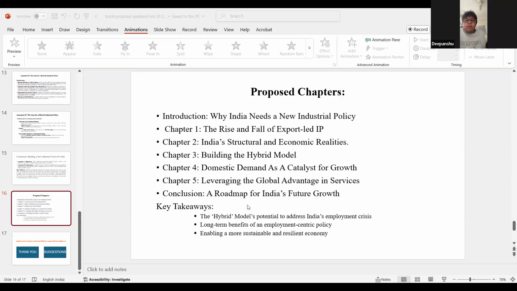When you provide a macroeconomic background or context, then where do we have a specific discussion on knowing our comparative advantage? Where does India really have its own comparative advantage?